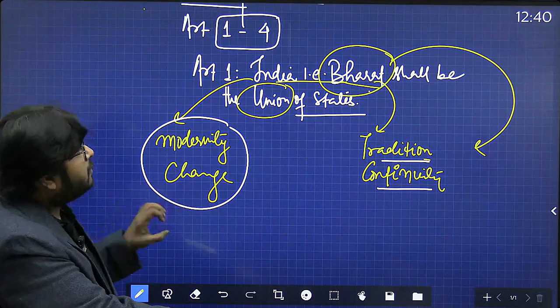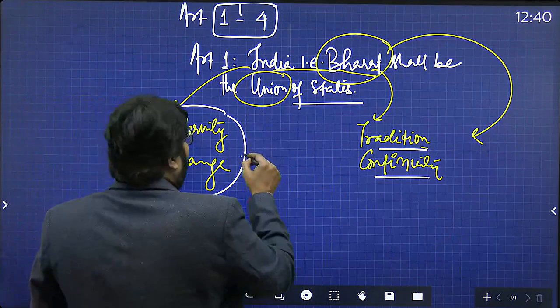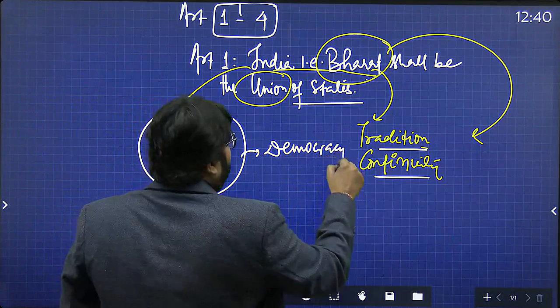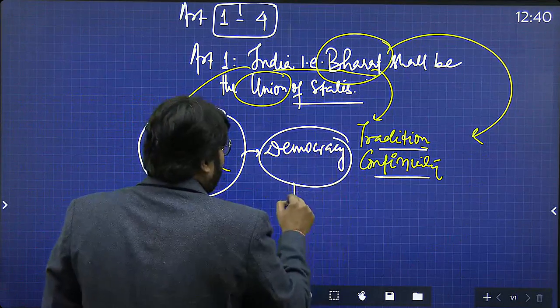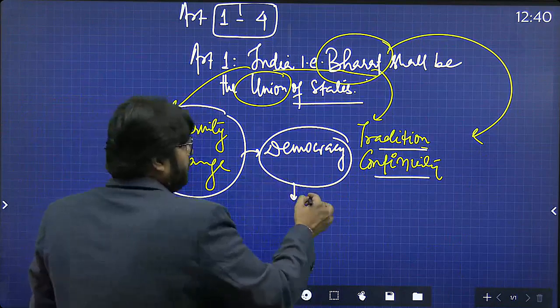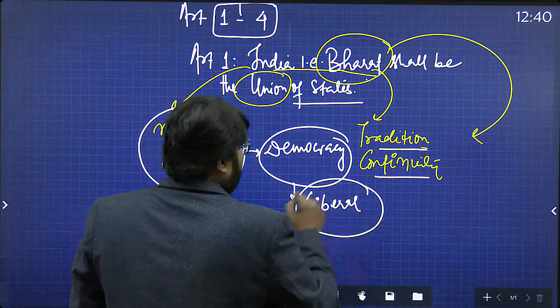Modernity and change again represent more liberal values. Obviously, we were going to be a democracy. We had adopted ourselves as a democracy, and as we were going for a democratic system, we believed that we would follow a liberal democratic system.